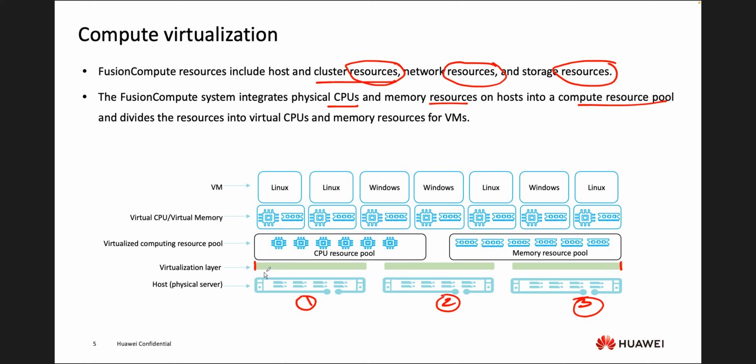That virtualization layer, you can call it an API, but it's basically just the interface between your hardware and the software, right? And that's where we create a storage pool. Here you have a CPU resource pool, here you have a memory resource pool.